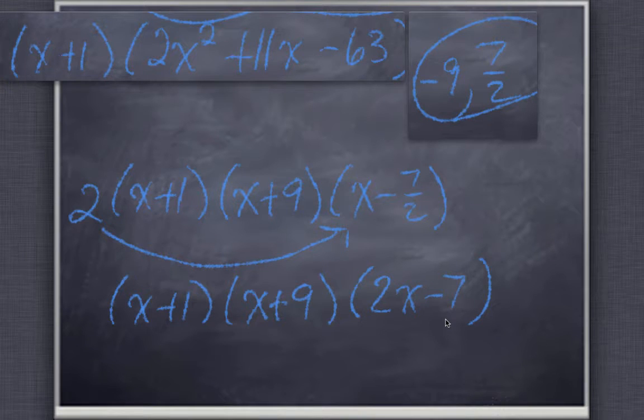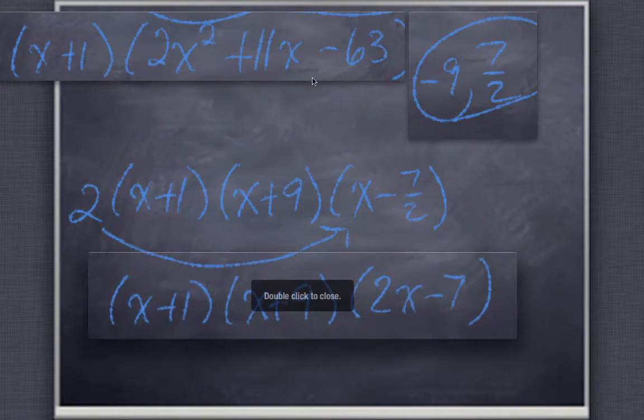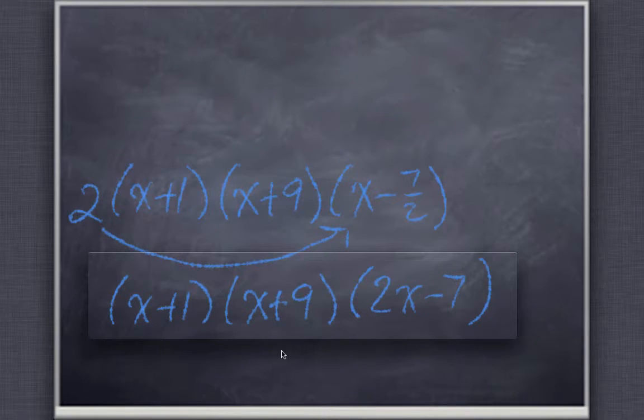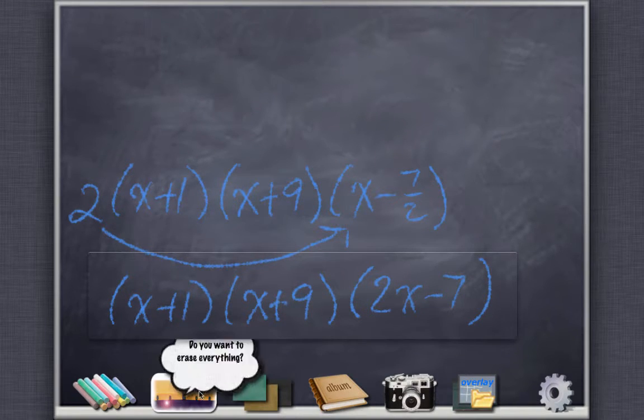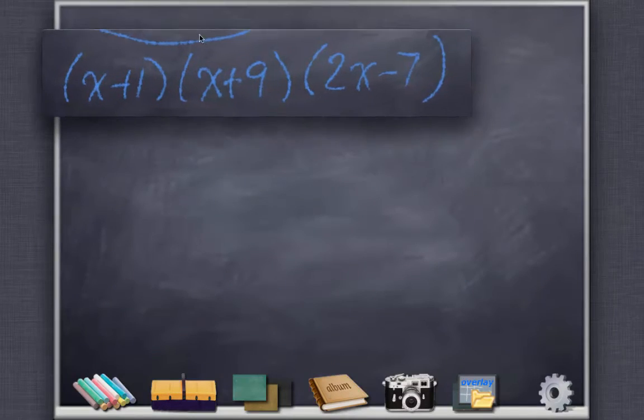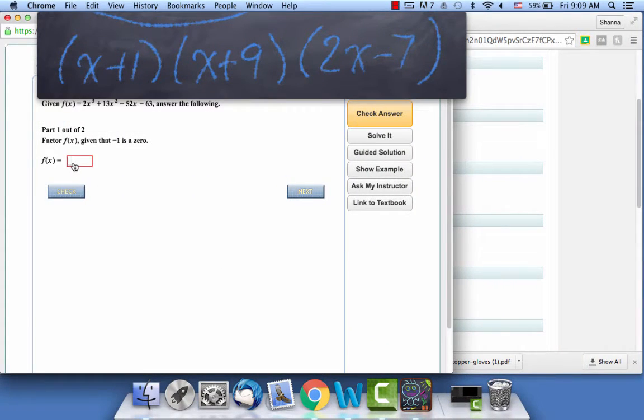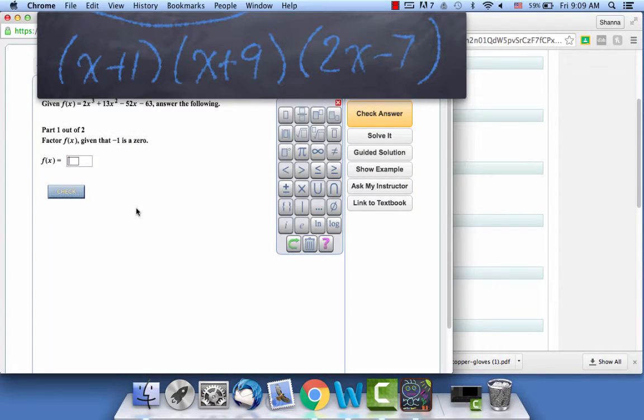But I'm not even actually sure yet what the software wants. So let's see if I put it in this way, if it's fine. I have a feeling it would take it either way.